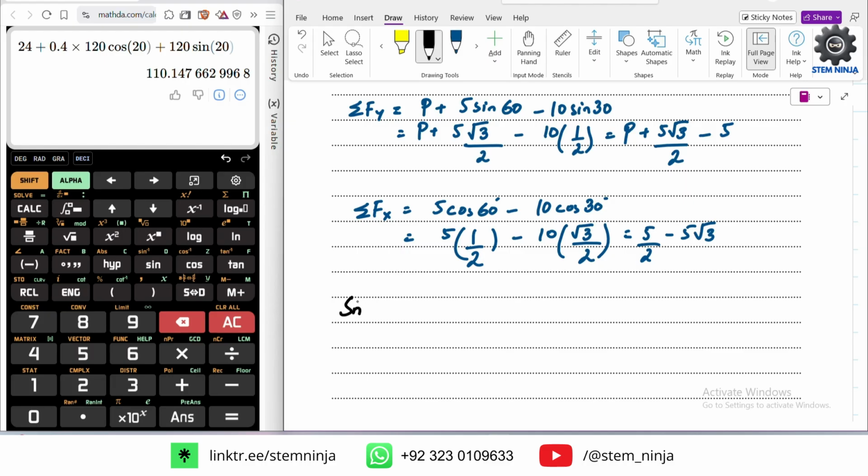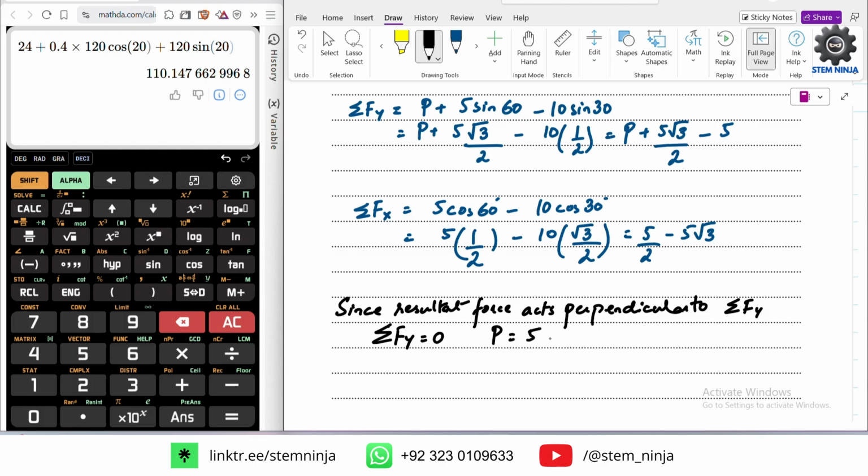Since the resultant force acts perpendicular to P, sigma F of y is 0. So that means we get P equal to 5 minus 5 root 3 over 2.